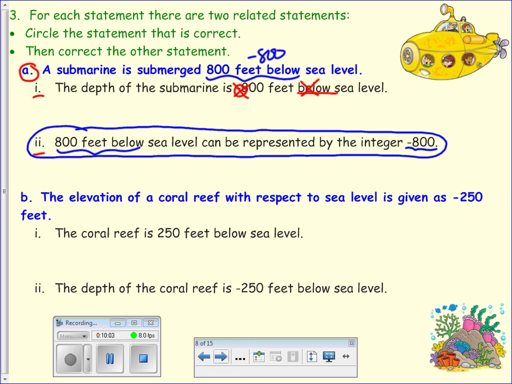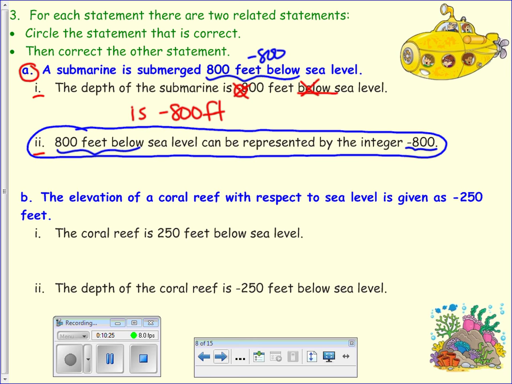Okay, so the depth of the submarine is negative 80 feet. And that's all you have to do.